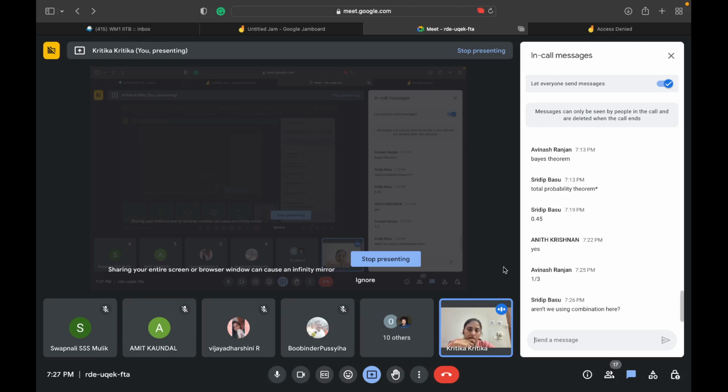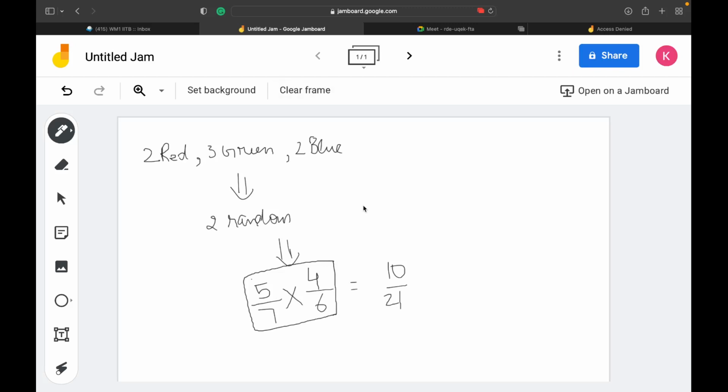I think you can use combination also, because that will also be 5C2 over 7C2, I guess, right?